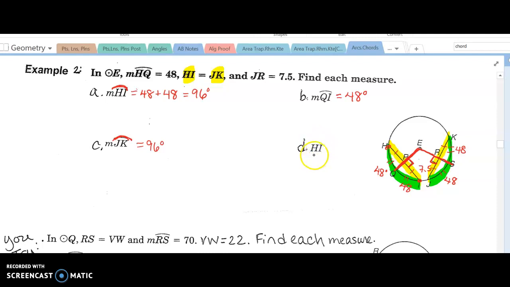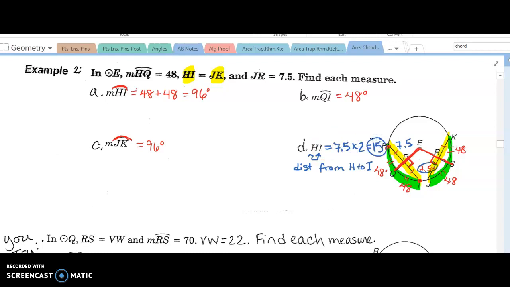And when you don't have a bar, what this means is it's the distance from H to I. And so it's another way of saying what is the length of HI. So our only clue that we have is over here on this yellow chord, half of the chord is 7.5. So we know half of a chord over here would be 7.5. So 7.5 times 2, the whole chord would be 15.